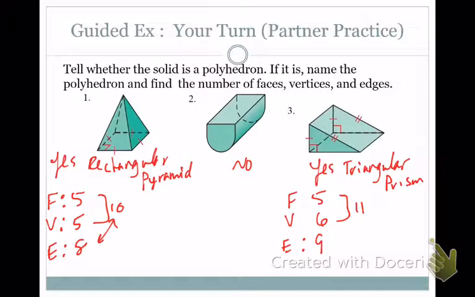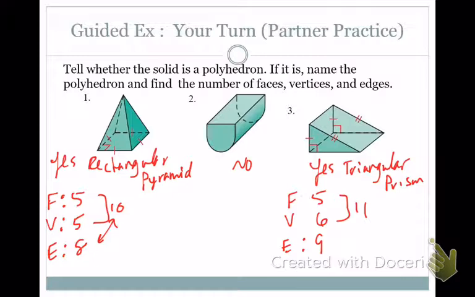Okay? Number 2 is not a polyhedron because not all faces are polygons. This is not a polygon, this is not a polygon. Okay, I know this one is, but all of them have to be. Okay? And number 3 is a polyhedron. All of the faces are polygons. Now, the bases, again, bases are parallel congruent faces.